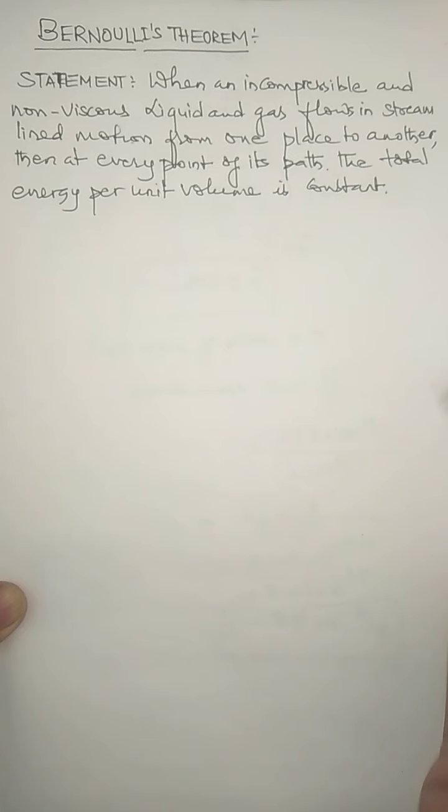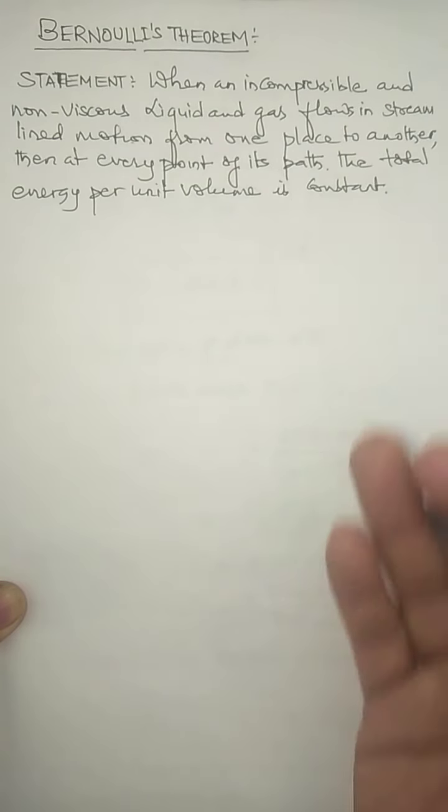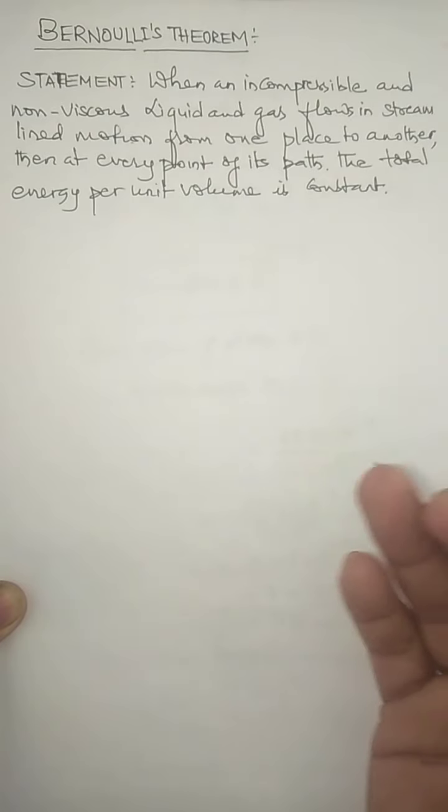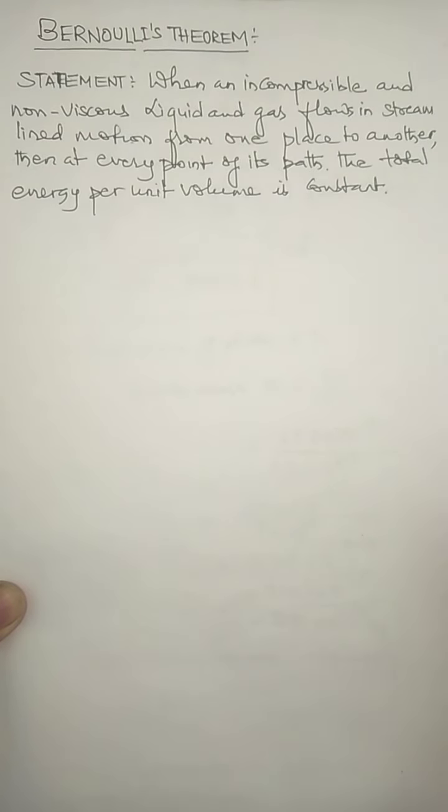The gas can be an ideal gas also. So the main objective of this theorem is to show the conservation of energy when there is a flow of liquid or gas. In the flow of liquid and gas also, the energy is conserved, and that is the main objective of Bernoulli's theorem.